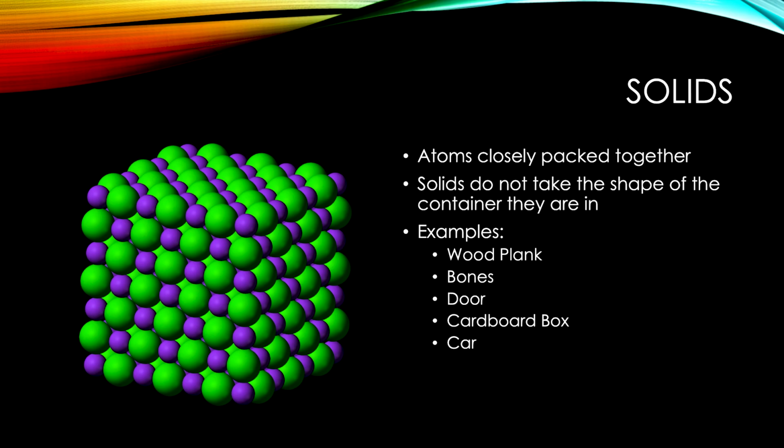Most things you would think of are solids. Tables, you are mostly solid, at least the things you interact with yourself, like your hands and your legs. And you see in this diagram, the atoms, which are represented by these little spheres, are closely packed together, and it makes a rigid structure.